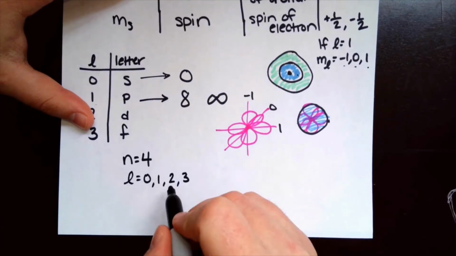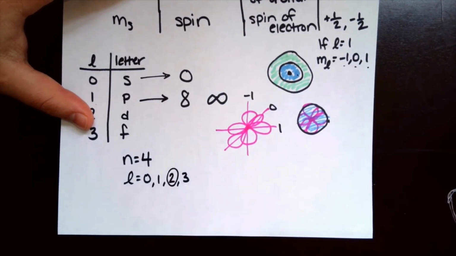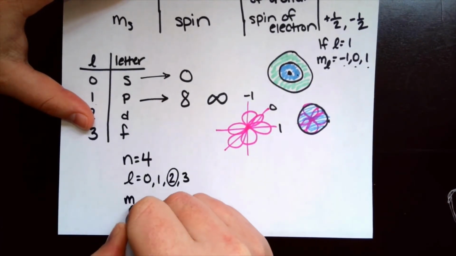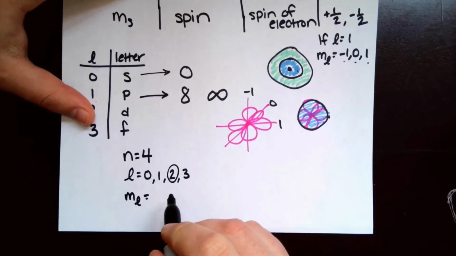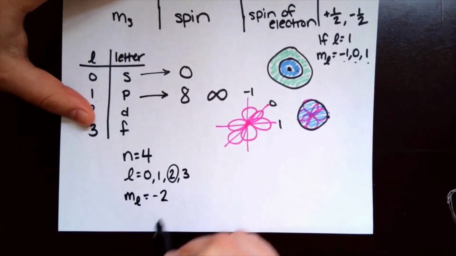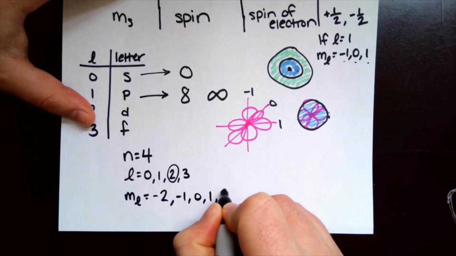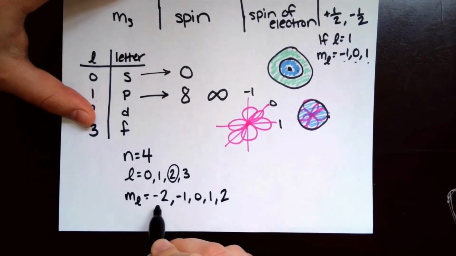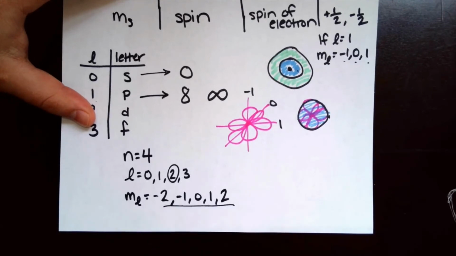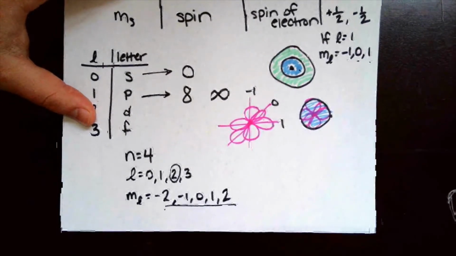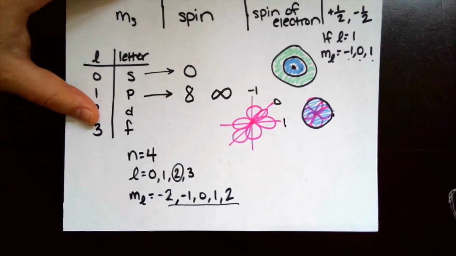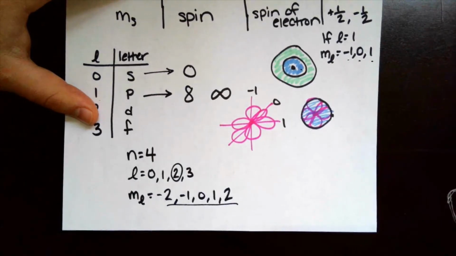Let's say L is 2. What could your m sub L be? Well, it can go from negative L, so starting at negative 2, and count up: negative 1, 0, 1, 2, all the way up to L. So negative L to L, and those are the 5 possible values you could have for m sub L if your L value is 2. And again, m sub S is always just plus 1/2 or minus 1/2.